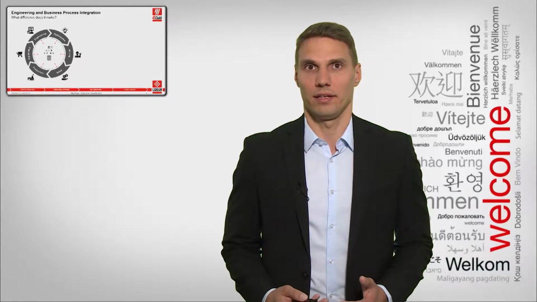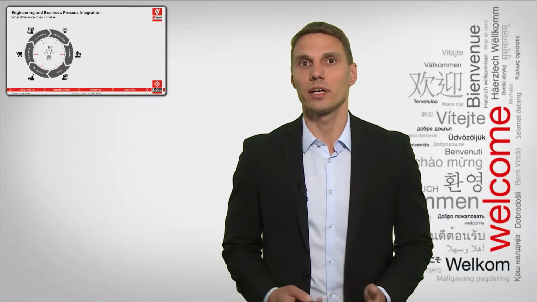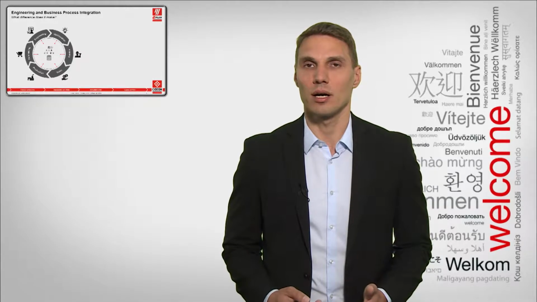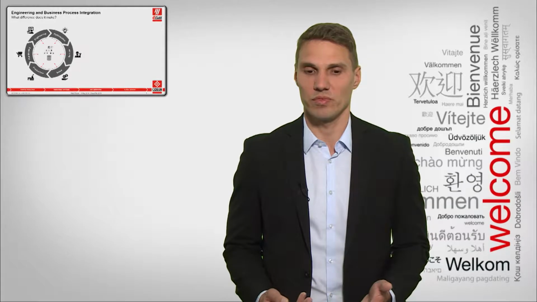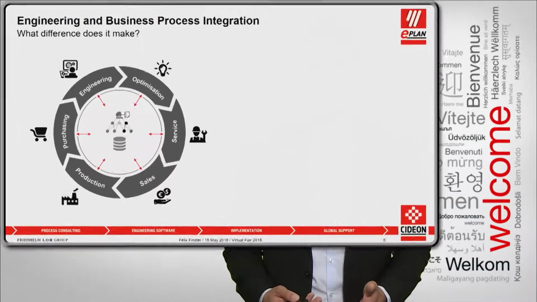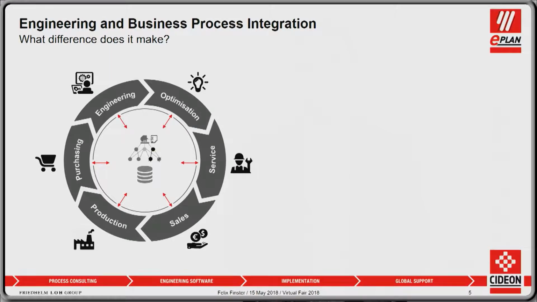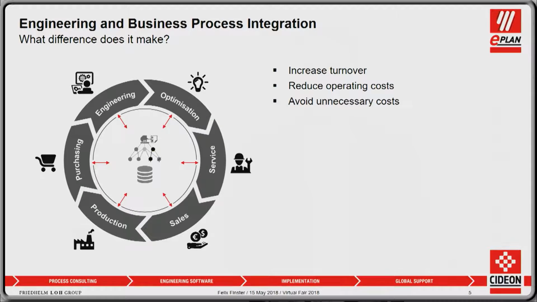By incorporating this and directly connecting engineering with the value chain, you can gain certain advantages. For example, we have fewer redundancies and less effort in the whole coordination because everything is integrated into one single source of truth, which results in benefits like unnecessary costs being avoided.